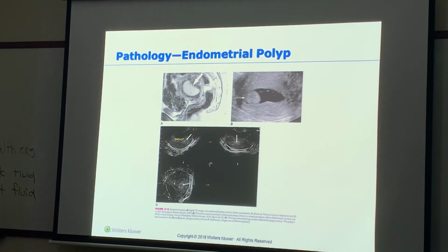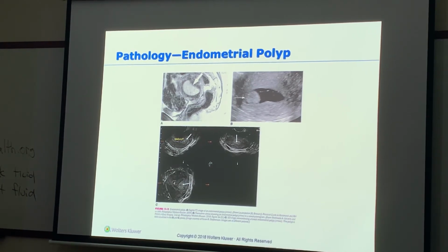Endometrial polyps. I can also have cervical polyps. I can also have gallbladder polyps. It's just a growth of epithelial cells that are attached to my body, my internal lining of my organs.